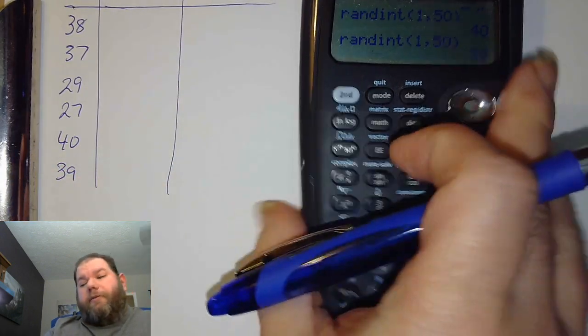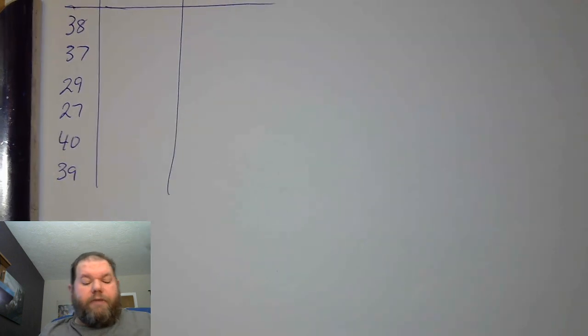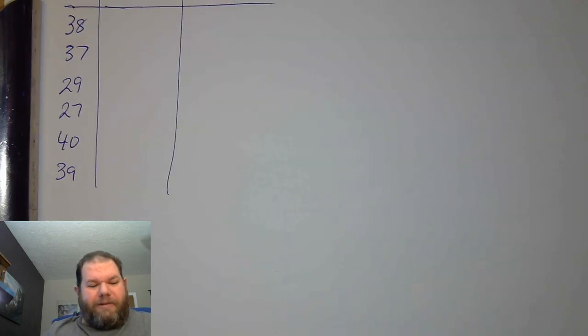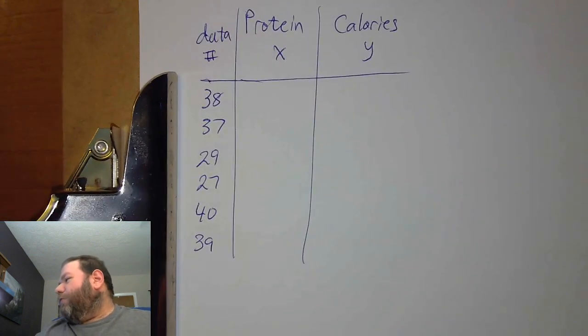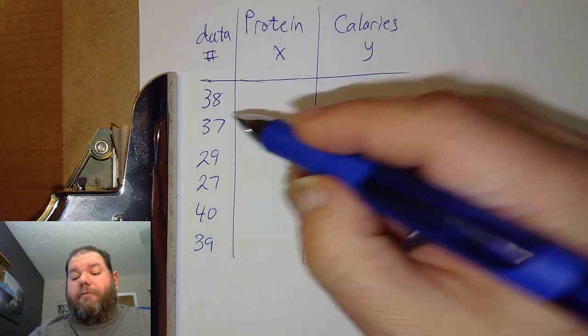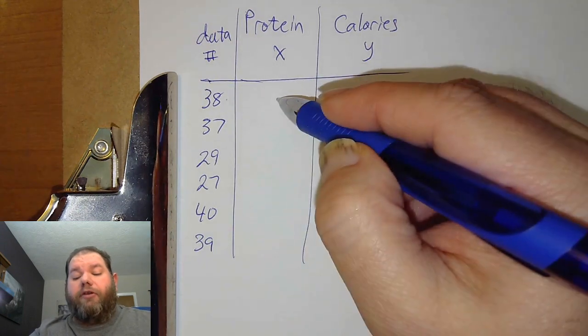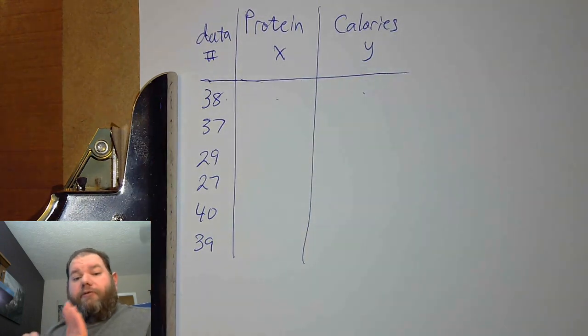It seems not random because they're all clumped together, but that's part of randomness, as you never know. Alright. So I'm going to go back to the data and look at line 38 and record the protein and the calories in their respective columns.